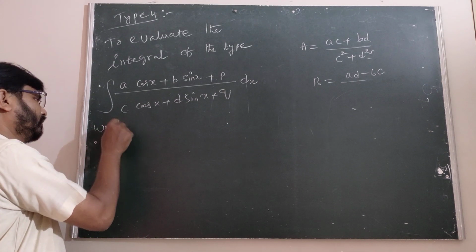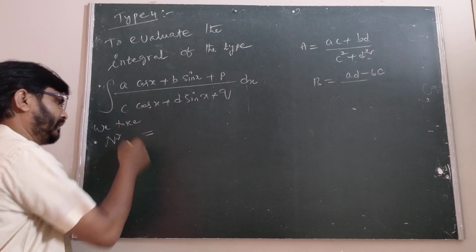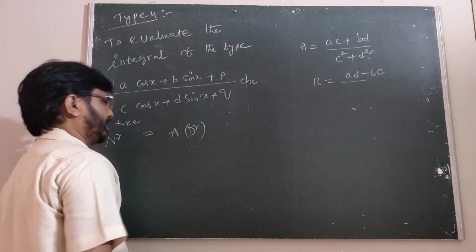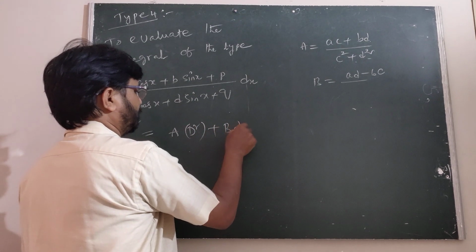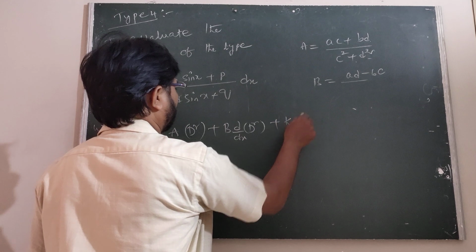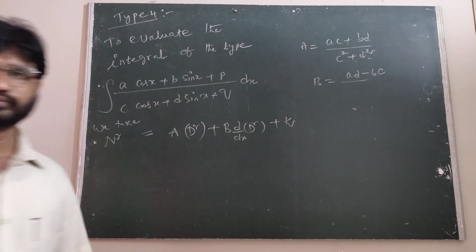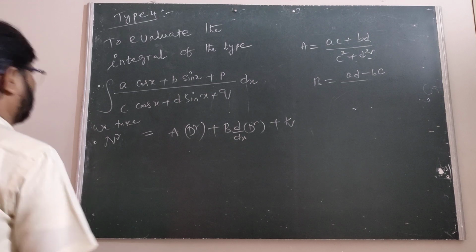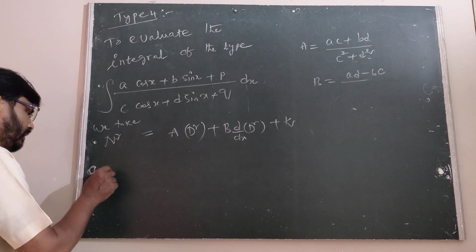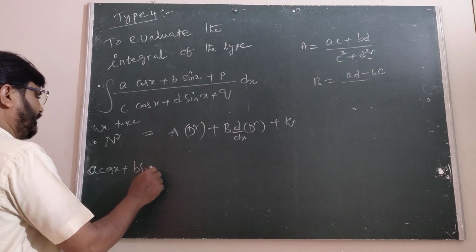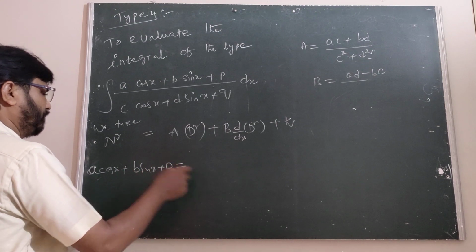We take the numerator as a into denominator plus b into d/dx of the denominator plus k. Is it okay? So the numerator is a cos x plus b sin x plus p.